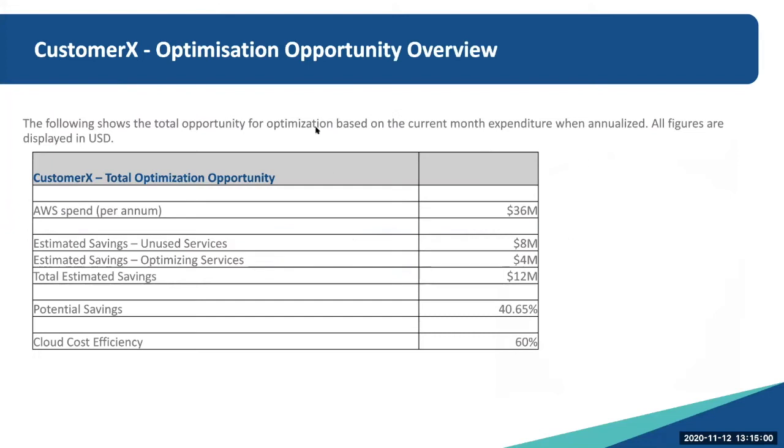Probably one of the important things that we show is we give you a very high level view as to what that current spend is, what those unused or potentially optimizable services look like, what that total estimated savings is, and also a cost efficiency statistic.